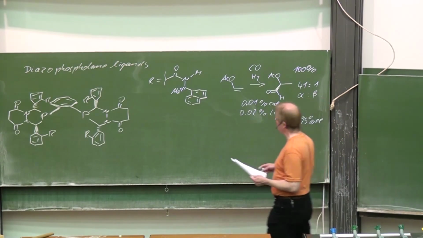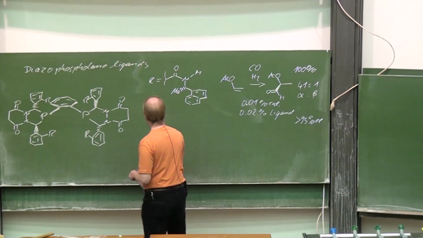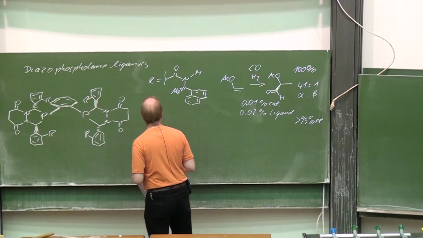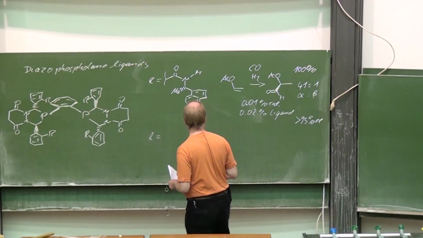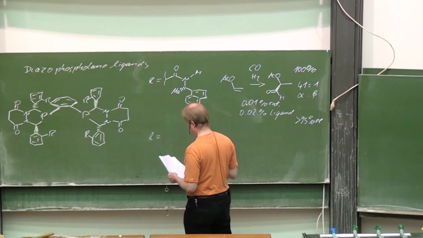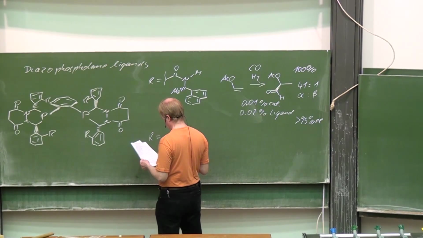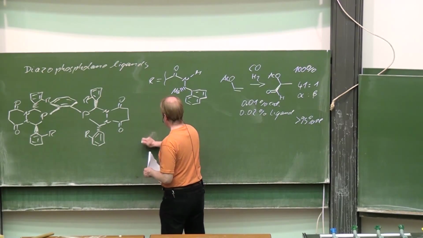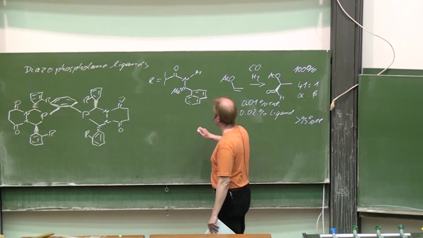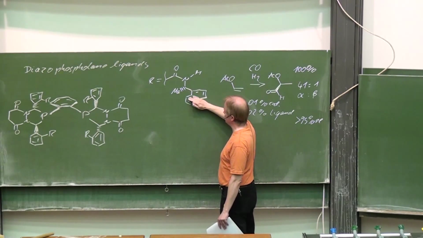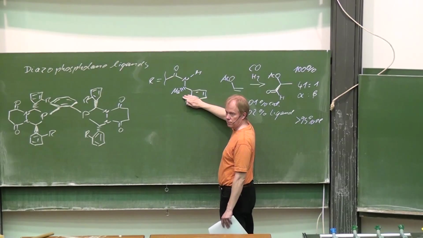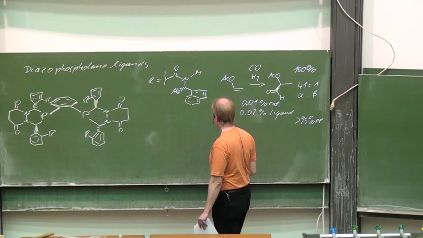Second example. The R group, a bit simpler. Oh well, don't need to draw that. So not a naphthalene moiety here, just a phenyl moiety as the R group.